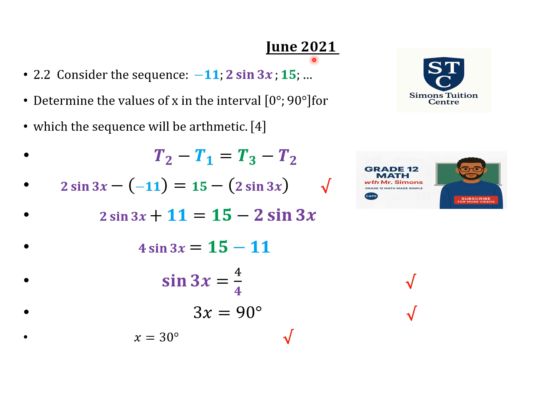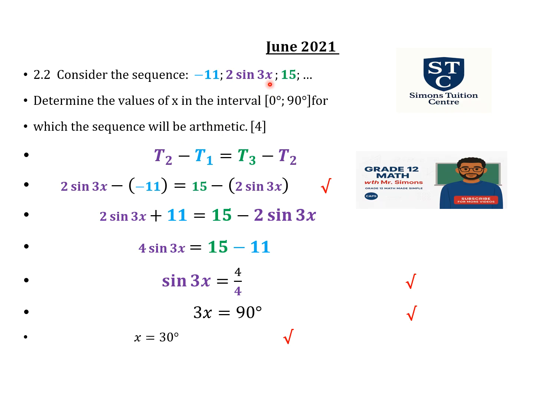June 2021. Consider the sequence negative 11, 2 sine 3x, 15. Yes, I know, using trigonometry, it's just a number pattern or a sequence. Determine the value of x in the interval 0 to 90 degrees for which the sequence will be arithmetic.